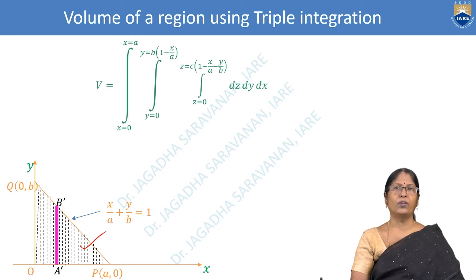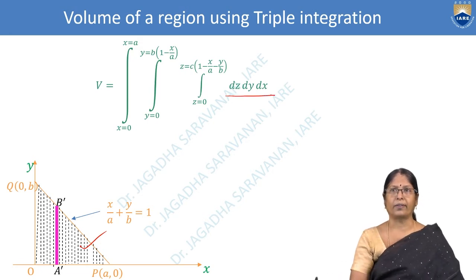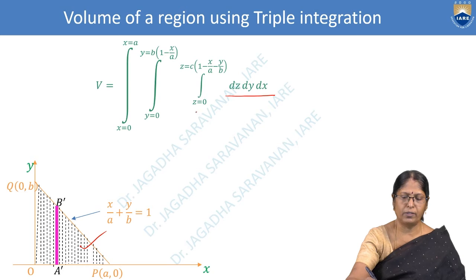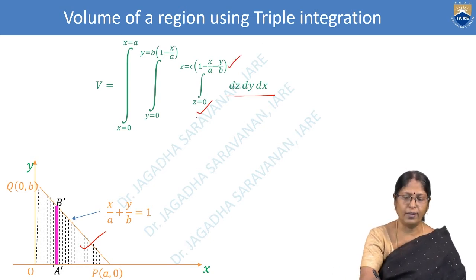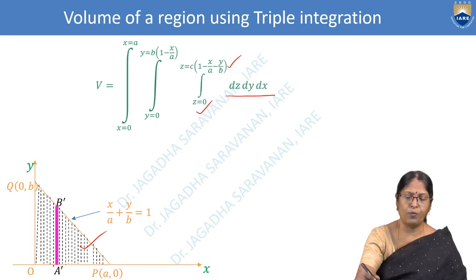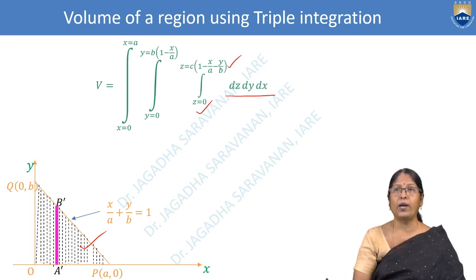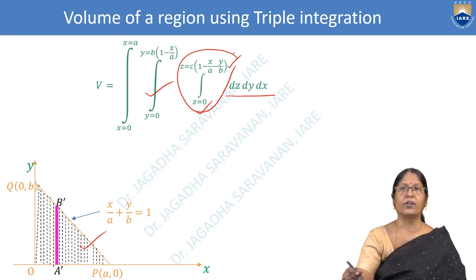Now we are going to concentrate on the triple integral, dz dy dx. The limits we obtained are: z from 0 to c times (1 minus x by a minus y by b), and that is the innermost integration.